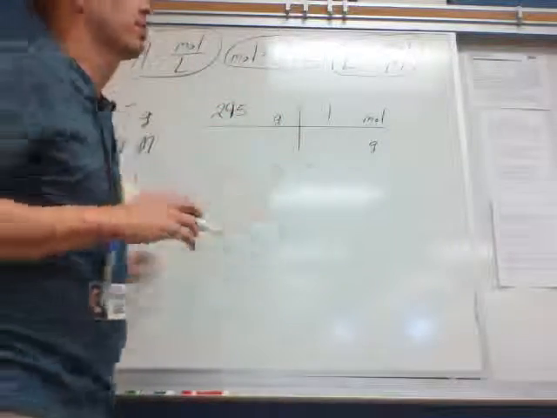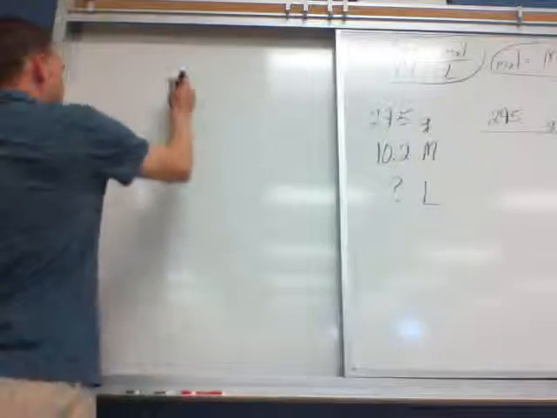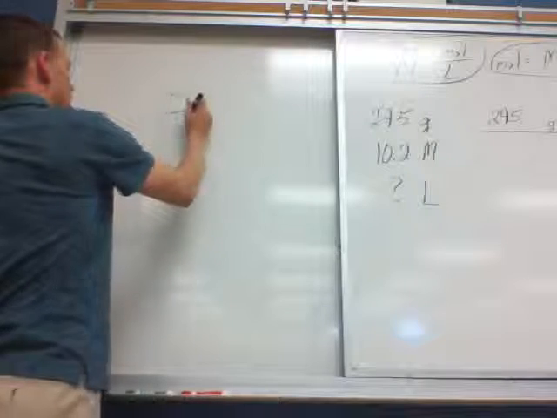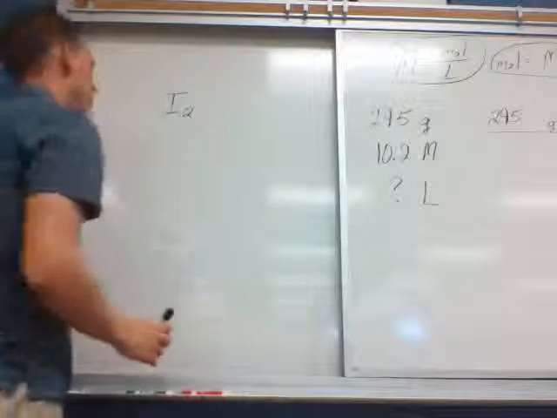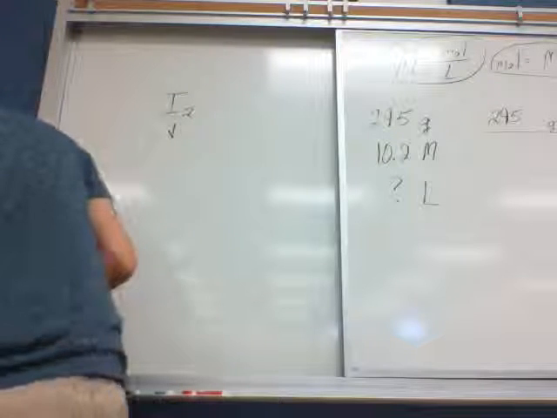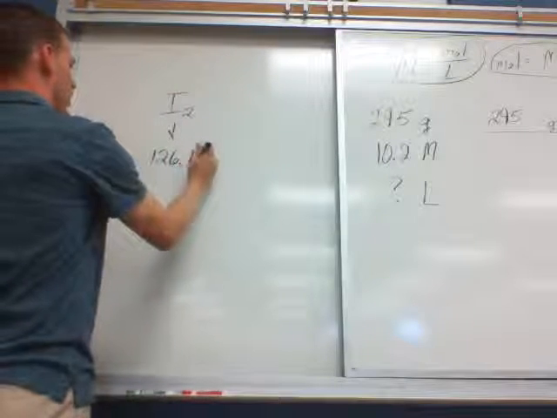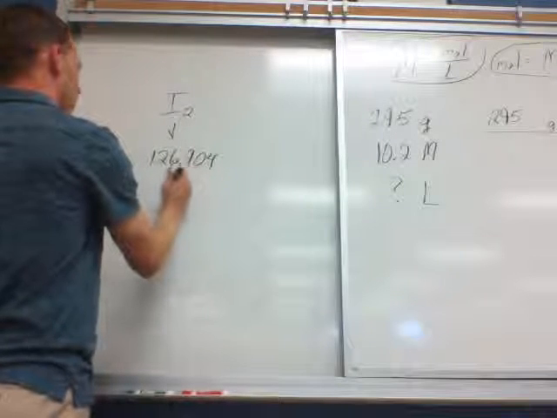PT grams, my compound in this problem is iodine. Iodine's diatomic, so we exist like that. So we need iodine, which is 126.904, twice.